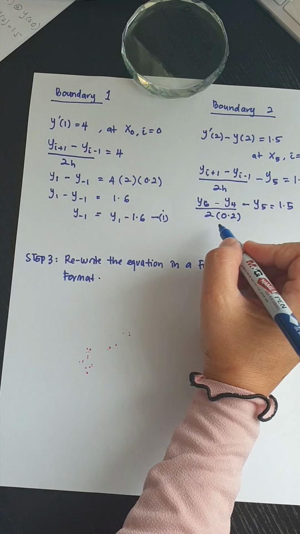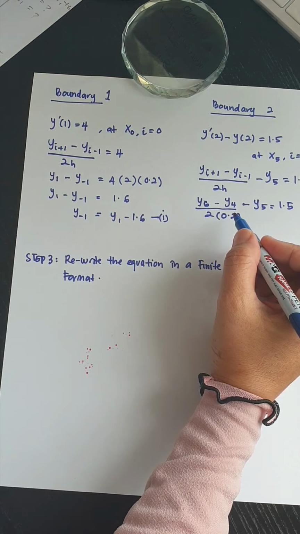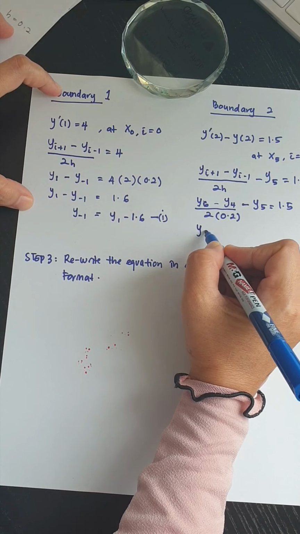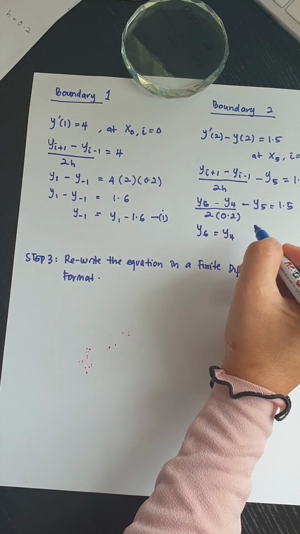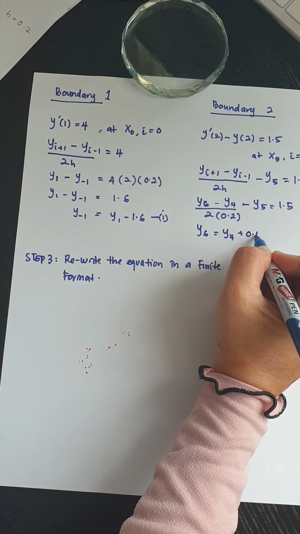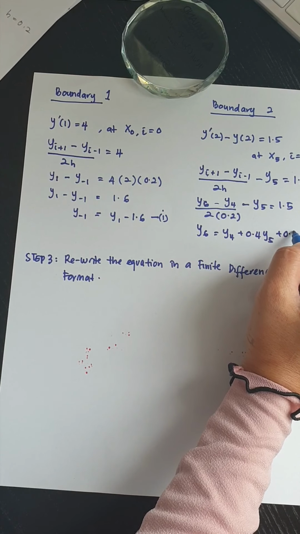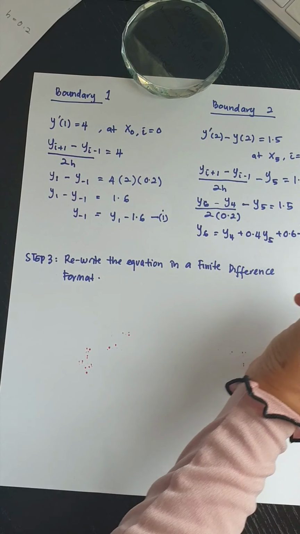Simplify this equation and it will become y6 equal to y4 plus 0.4 y5 plus 0.6. So this is your second boundary condition.